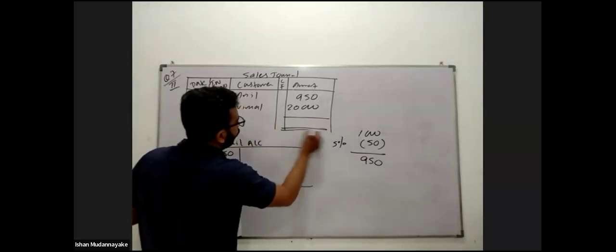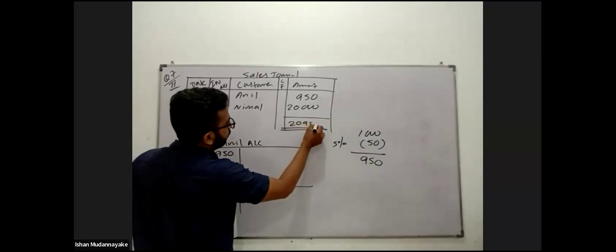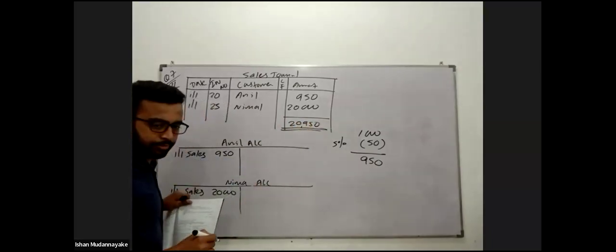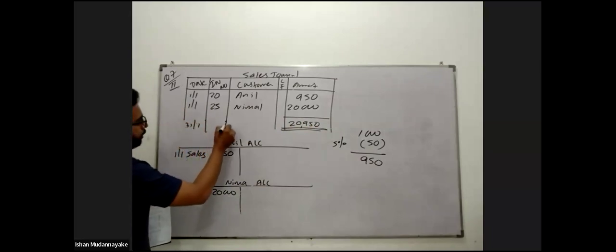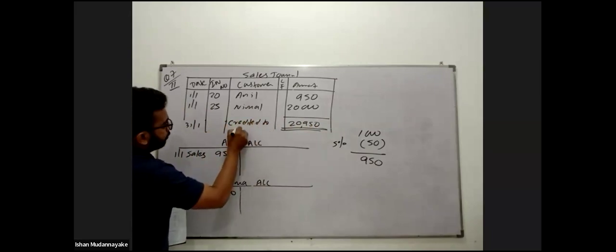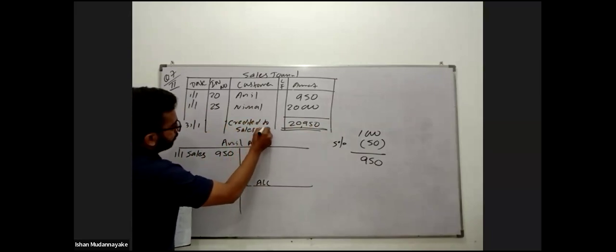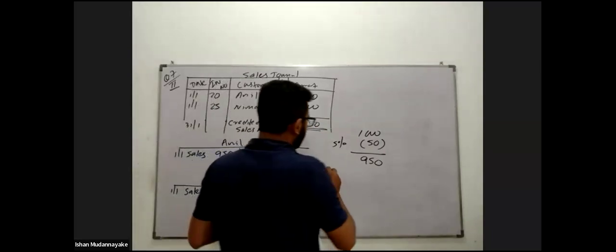Total sales 20,950. Here 31st January, credited to sales account. Prepare a sales account as well.